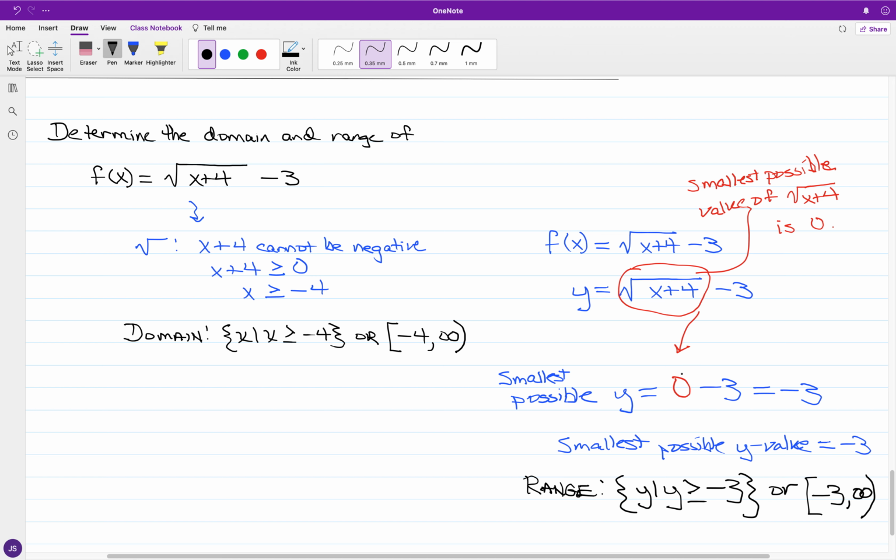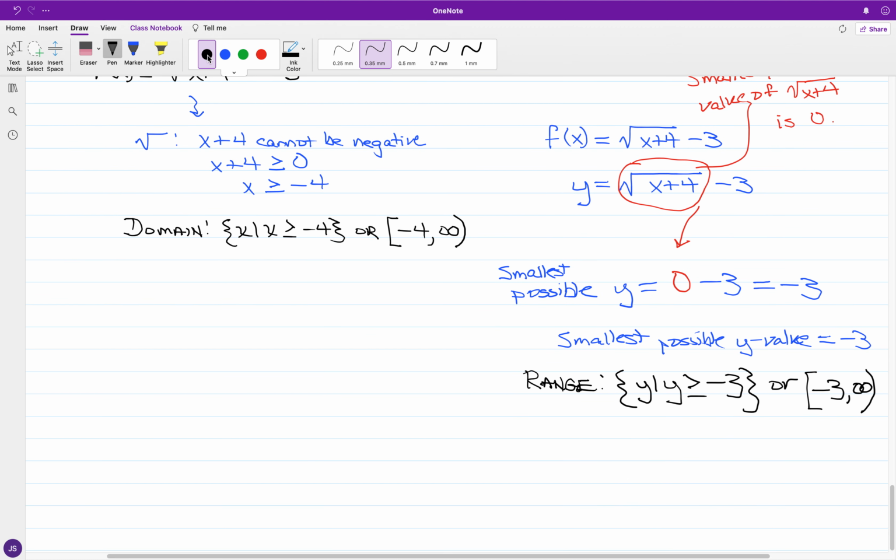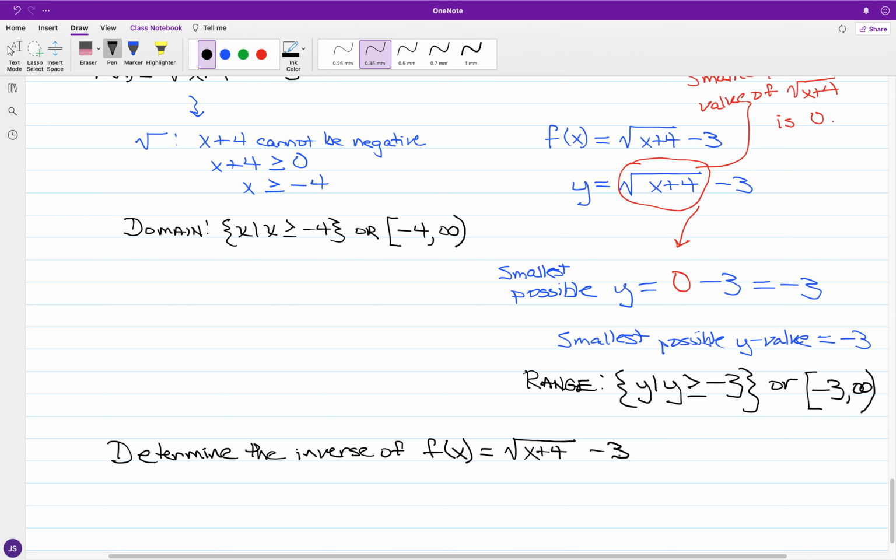Okay, and now let's say that, just referencing this function once more, if I have to determine the inverse of f of x, we have f of x is equal to the square root of x plus 4 minus 3.